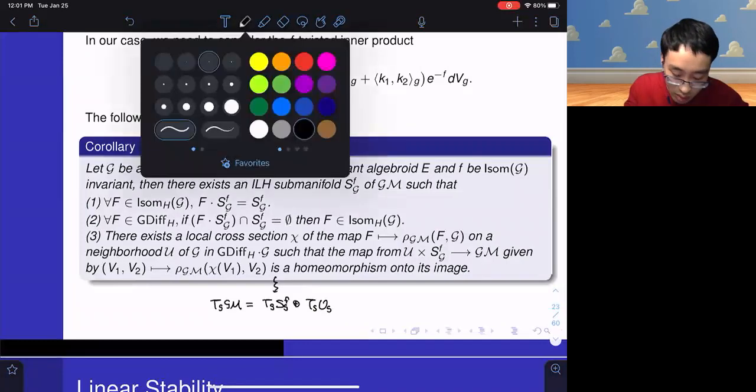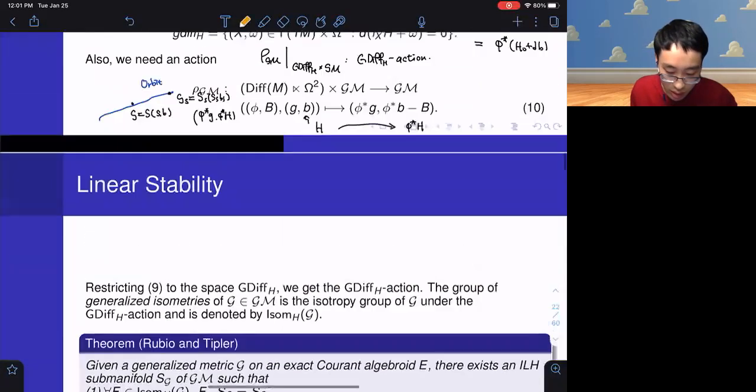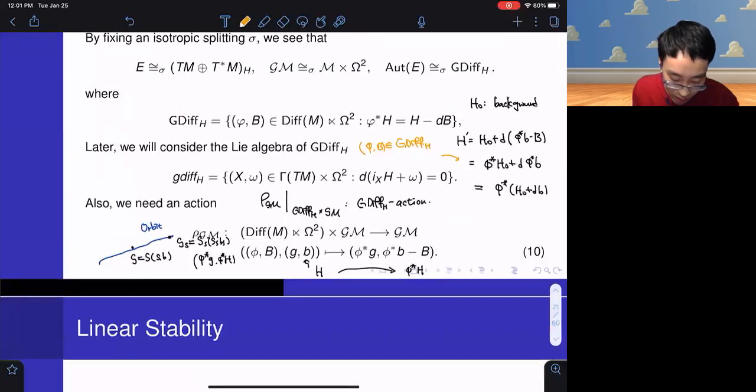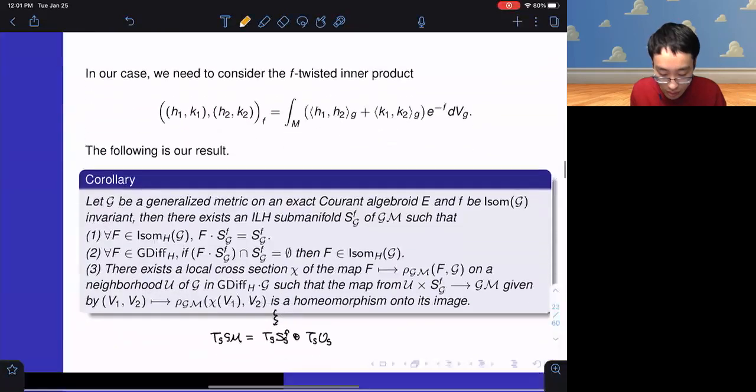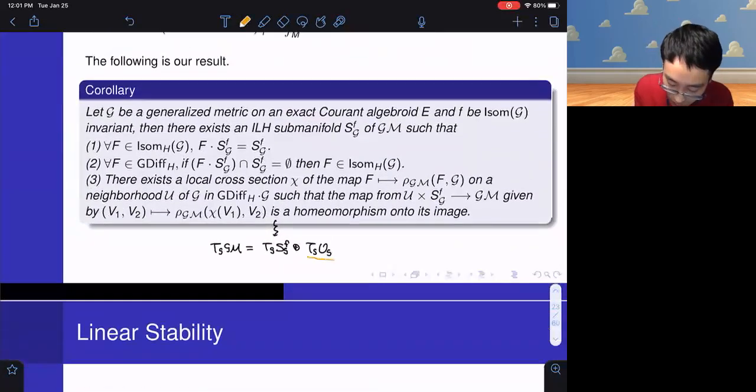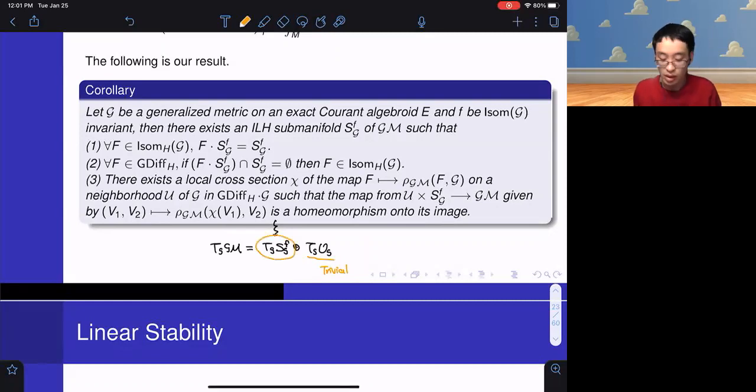And we show here that the slice part in the orbit directions is trivial. In other words, we only need to consider variations lying in the tangent space of the slice.